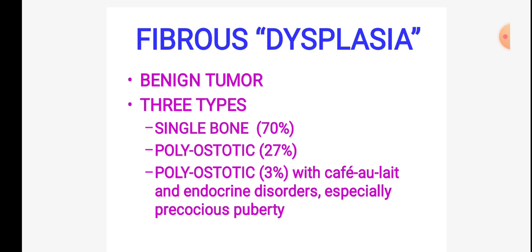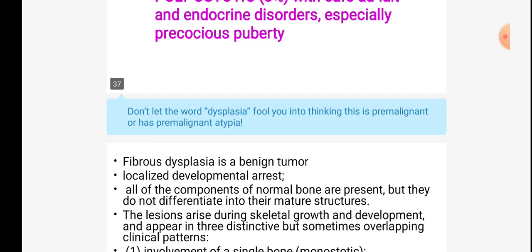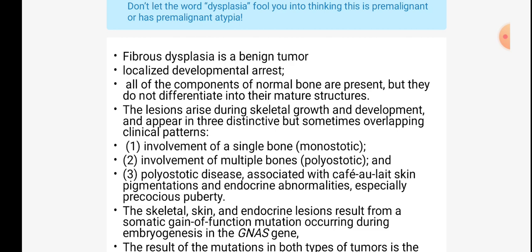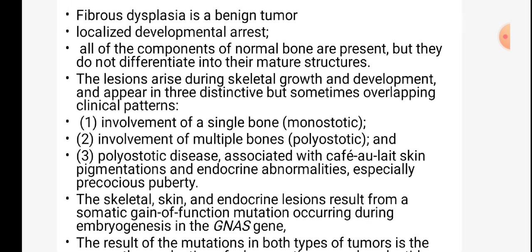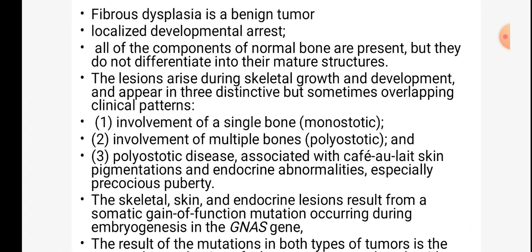Polyostotic, single bone. Again, not very commonly asked in your exams, but you should be aware of this particular entity. This is basically a benign tumor, with involvement of a single bone or multiple bones, so called monostotic and polyostotic.